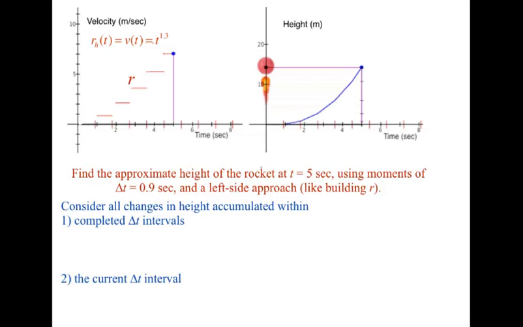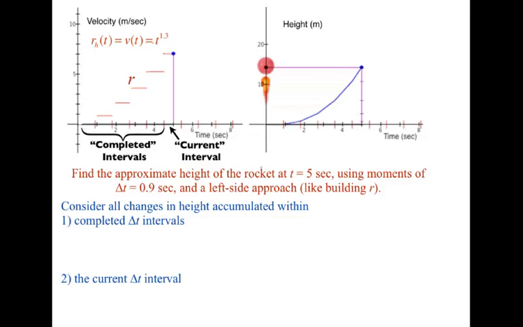So what happens is, to get this total change at 5, we need all the change summed up for what we call completed intervals. By the time we've got to t equals 5 seconds, we've completed 5 intervals. But there's also this little bit more time that's gone by in what we call the current interval.